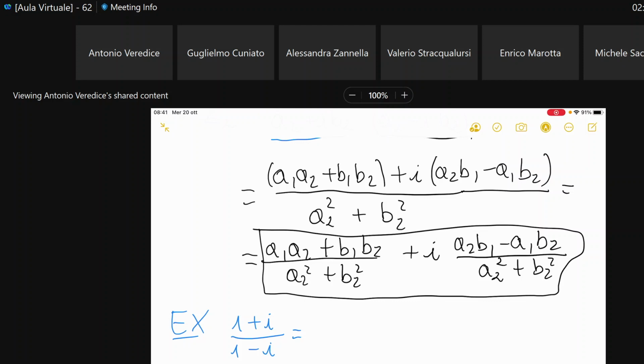Try to do this couple of exercises just to practice with the ratio, the product of the complex number times its conjugate and so on.